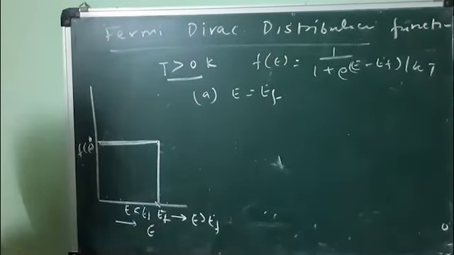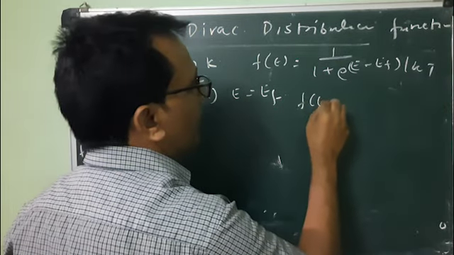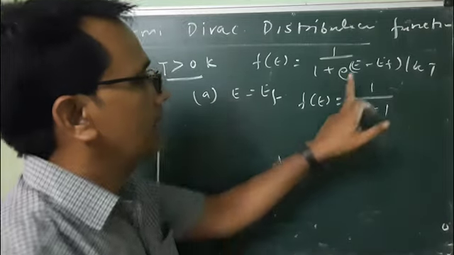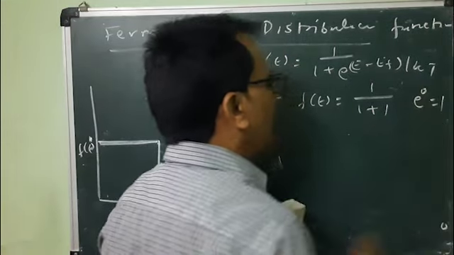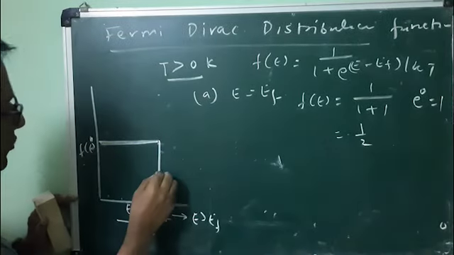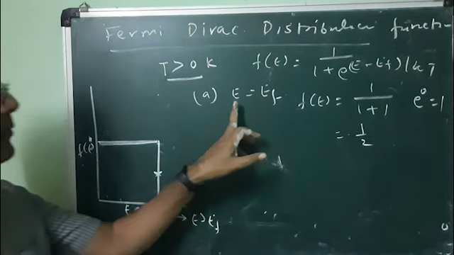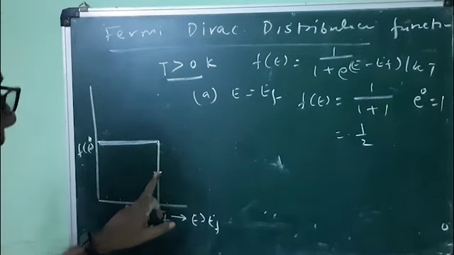Then F(E) is equal to 1 upon 1 plus 1, because e to the power 0 is equal to 1, so this is equal to half. So for energy equal to EF, one point will be here, at half.